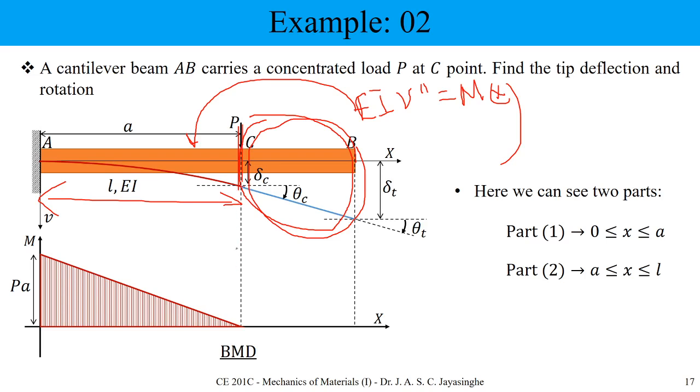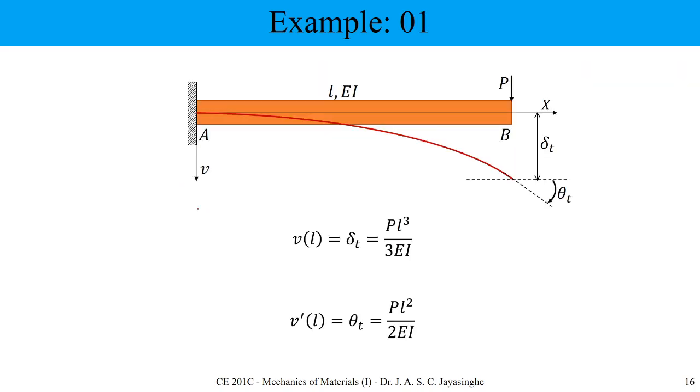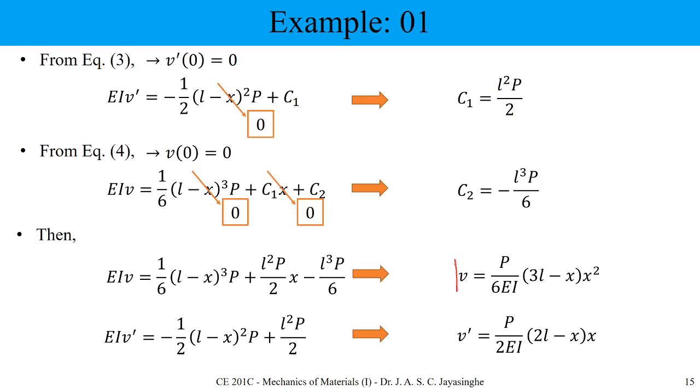And when you come to here, again this is like a cantilever, the same cantilever, only the length is a. So I'm going to directly use the previous example's expression. What you need to do is replace L by a.